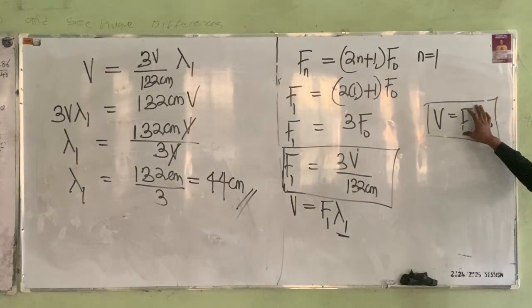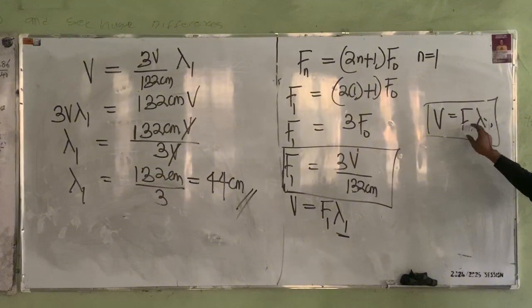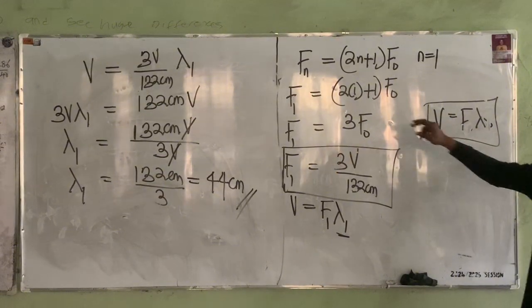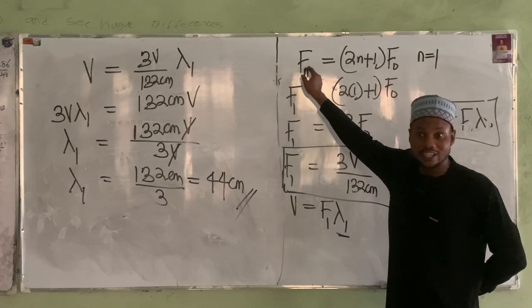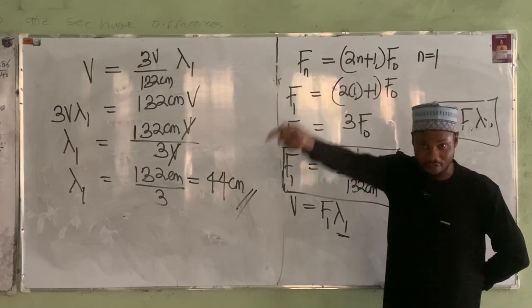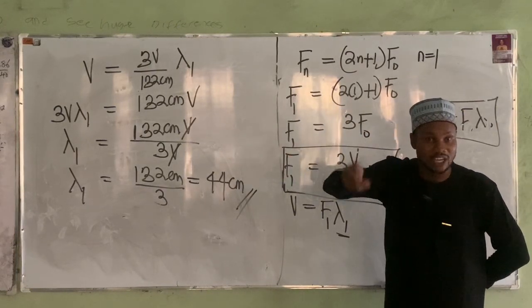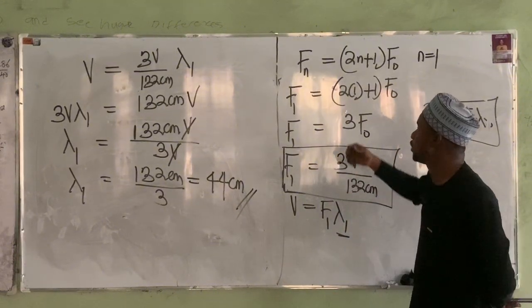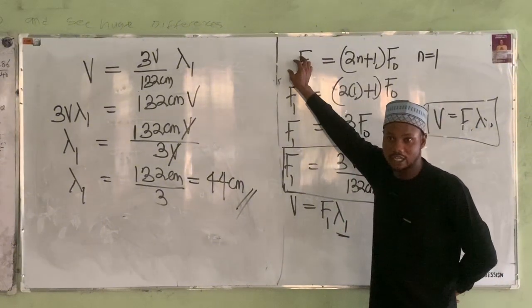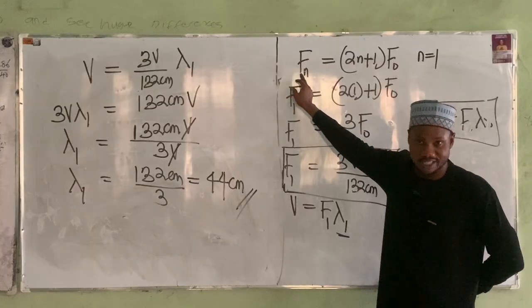So after looking for the fundamental frequency, why are we calculating it? Because in terms of overtone, remember they mentioned overtone, right? It's from overtone that you get overtone wavelength, and from overtone wavelength you get overtone frequency. Do you understand that? So the only way for us to look for overtone wavelength is for us to know overtone frequency.